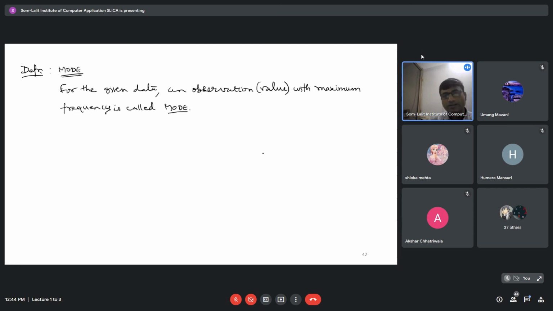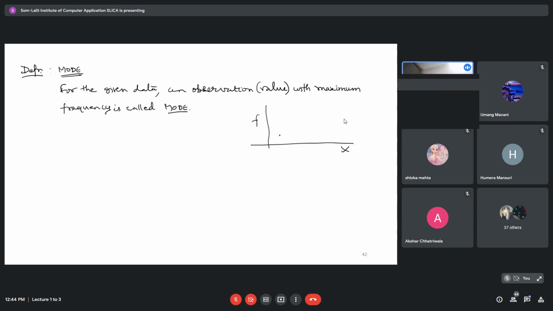So it's like this. Why is it a measure of central tendency? If I have a set of observations, for example, this is the frequency. For one observation, the frequency is here. For the second observation, the frequency is here. Third observation, the frequency is here. Then maybe over here and so on.